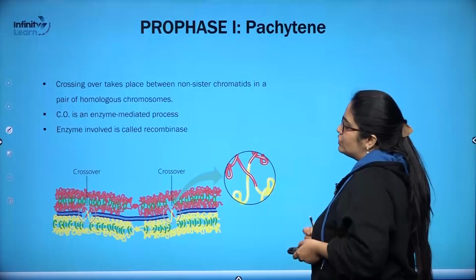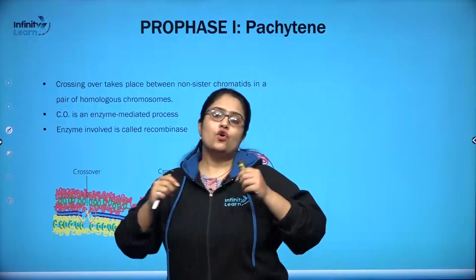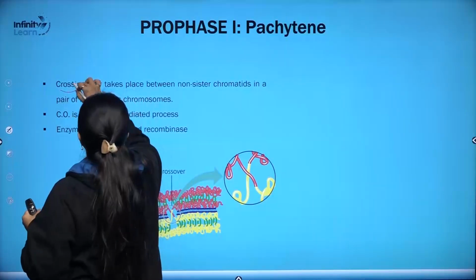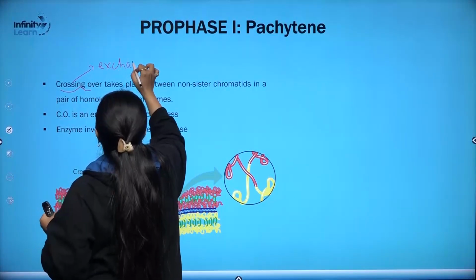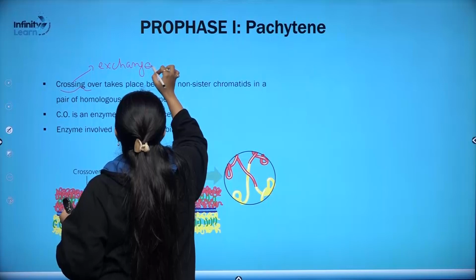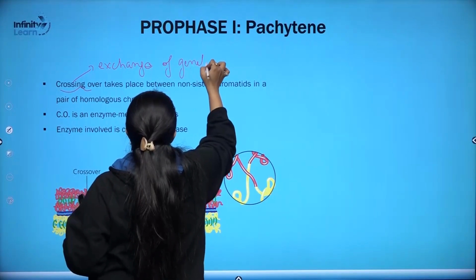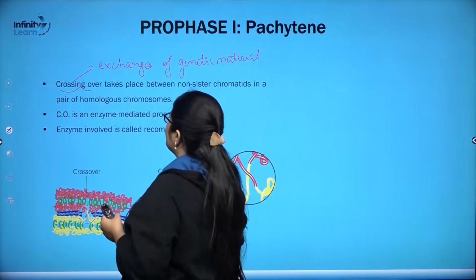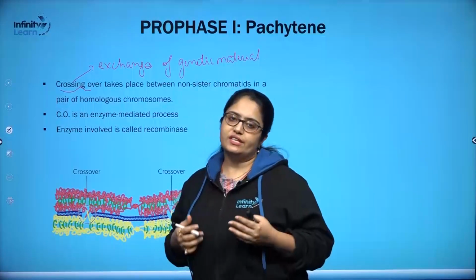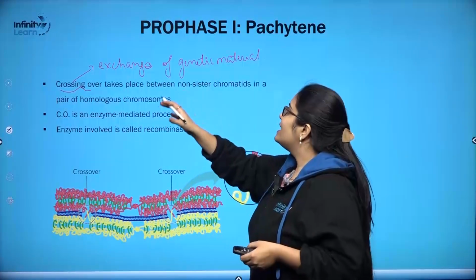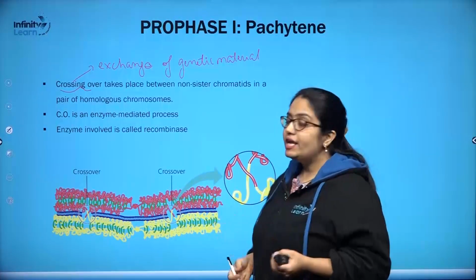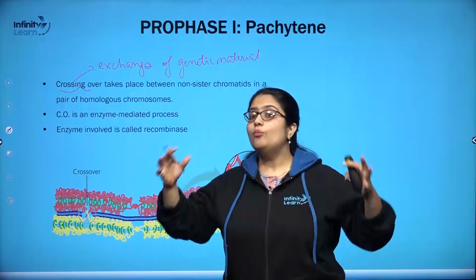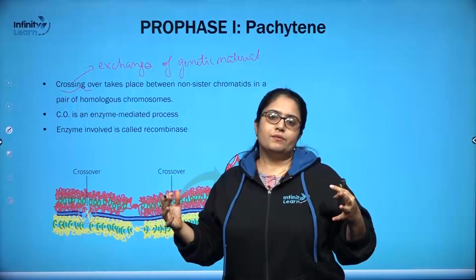Now listen carefully, my dear children. In this Pachytene stage, crossing over will happen. Crossing over means exchange of genetic material. What is crossing over? Crossing over means exchange of genetic material. So genetic material will be exchanged, my dear students, between two non-sister chromatids in a pair of homologous chromosomes.